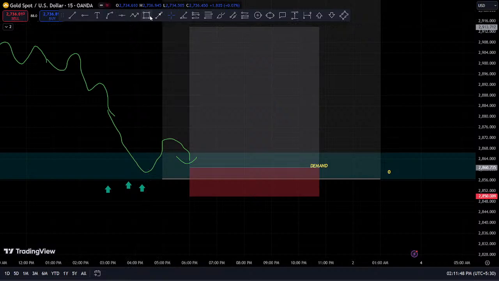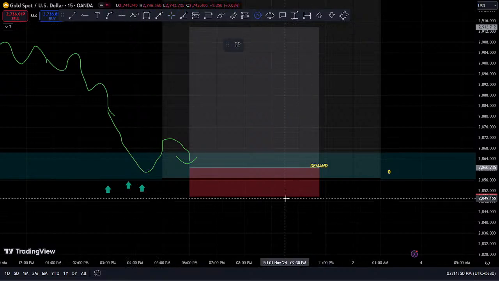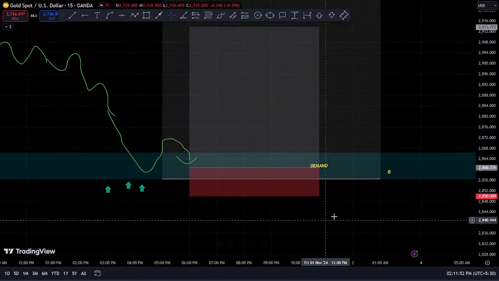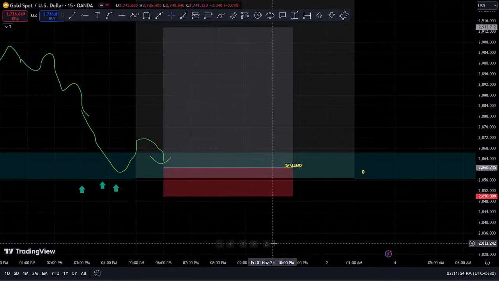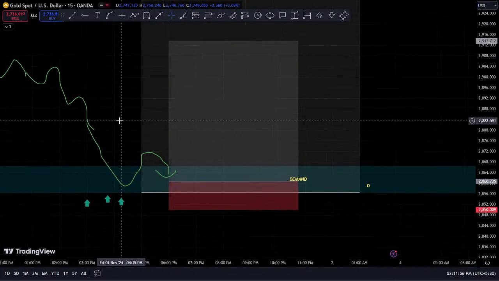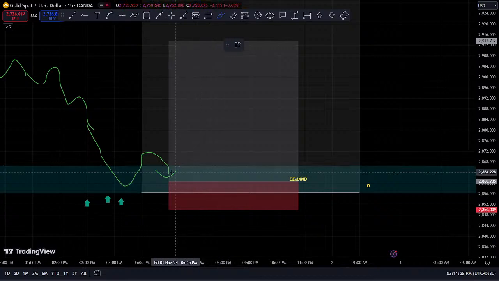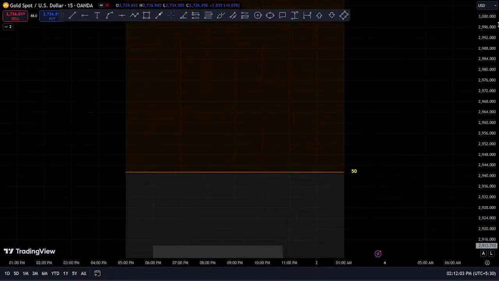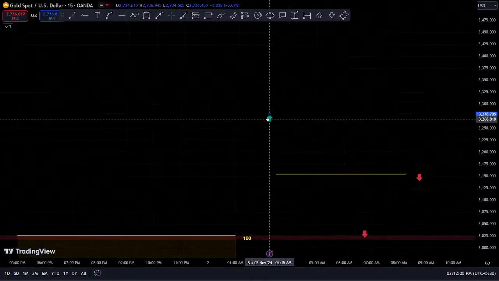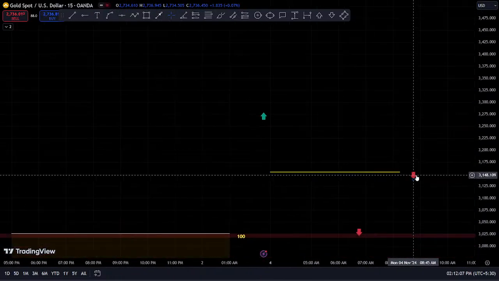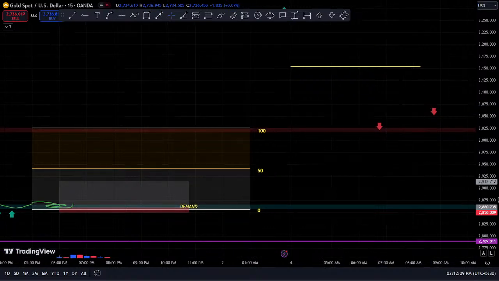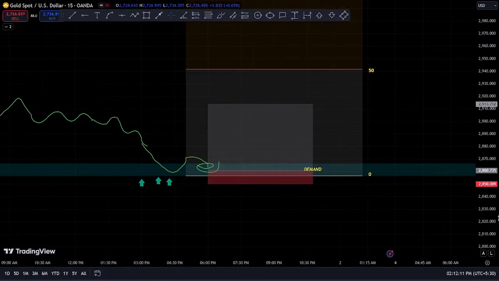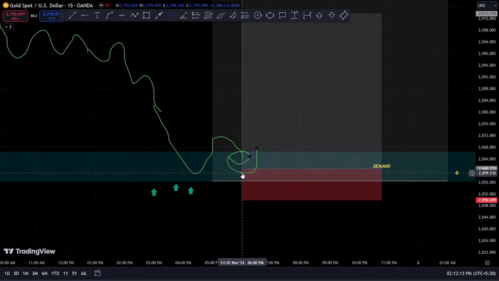This is the most important thing for any financial market to work. These are the areas where big players enter the market. There are significantly more buyers and very few sellers, because nobody wants to sell at a premium price.